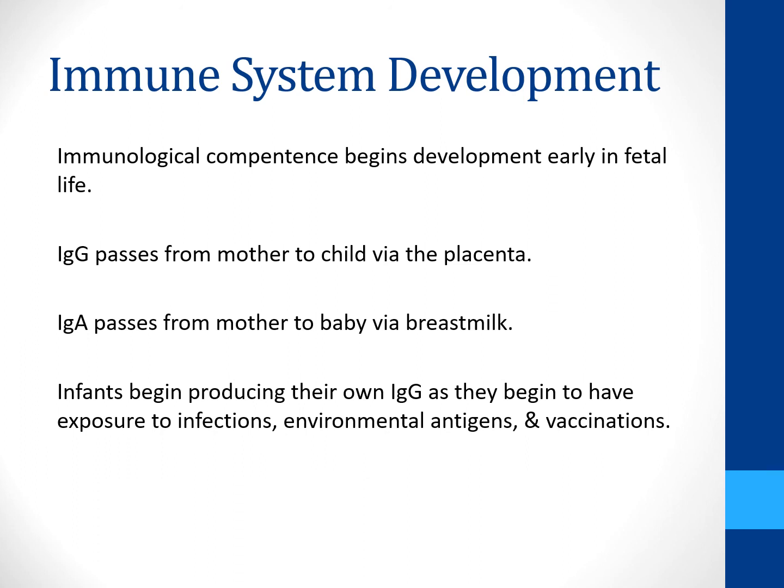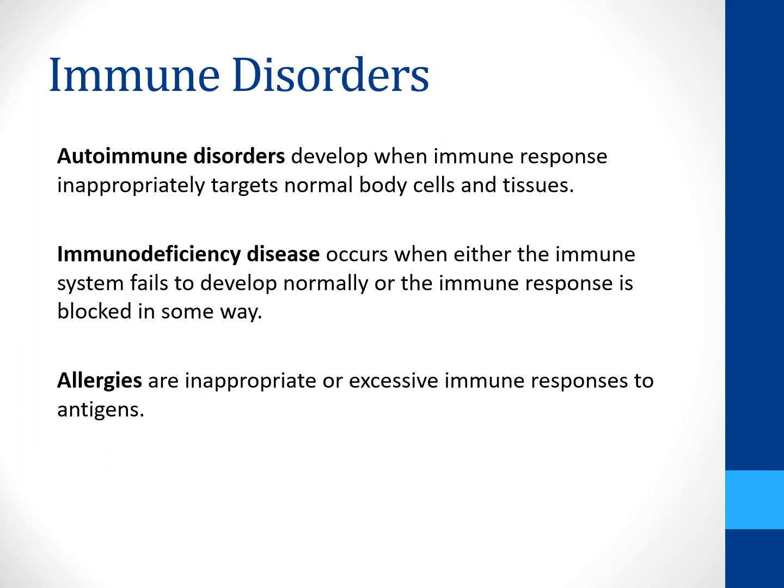We also have many immune disorders, or disorders of the immune system. So autoimmune disorders develop when the immune system responds inappropriately to normal body cells. One, ankylosing spondylitis, has an HLA protein. So remember, that's the same as a major histocompatibility complex.